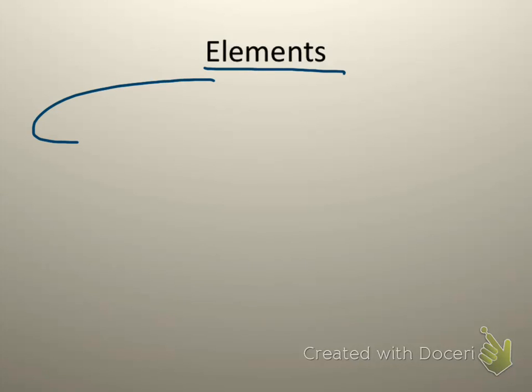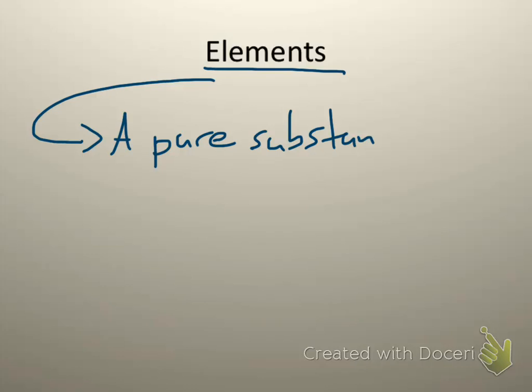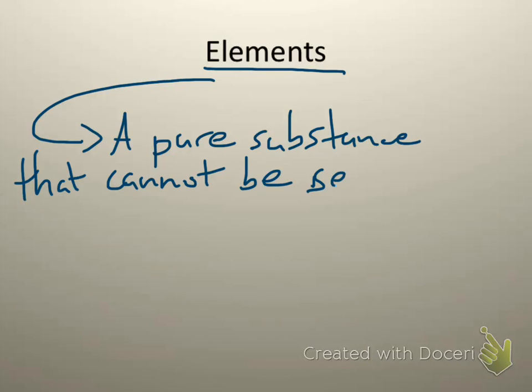An element is a pure substance, as you know, because it's on the right side of that branch. If it's on the right side, it must be a pure substance that cannot be separated, even by chemical means.